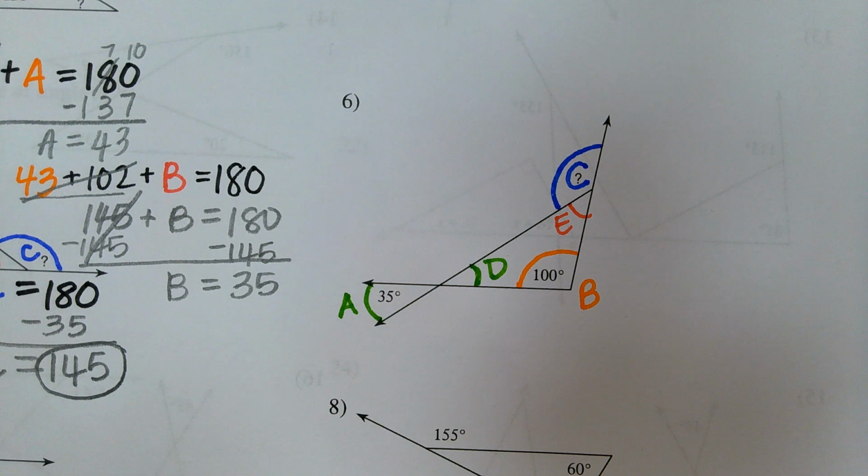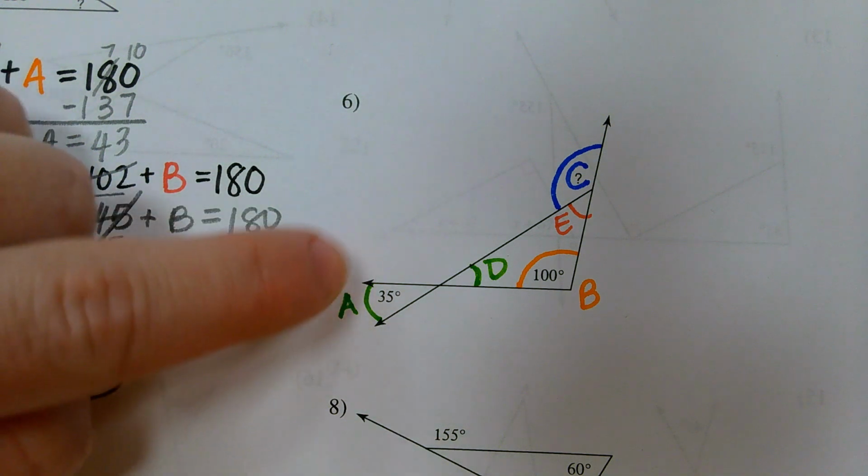Is there anything that right off the bat, we can figure out? Ooh, how do you find out angle D? I don't know what it was called, but they're the same.